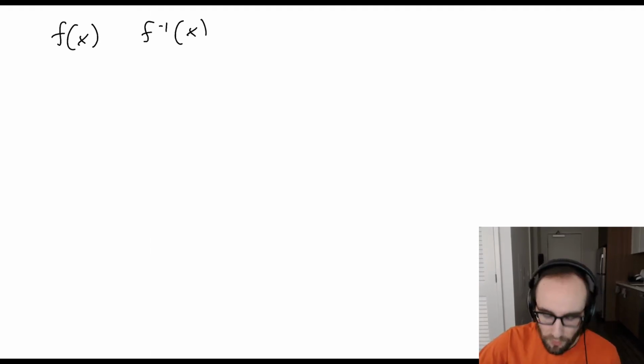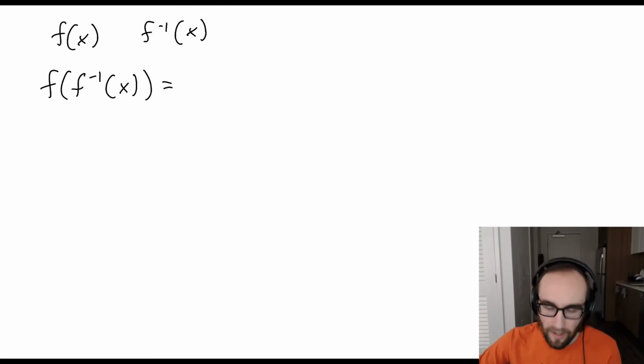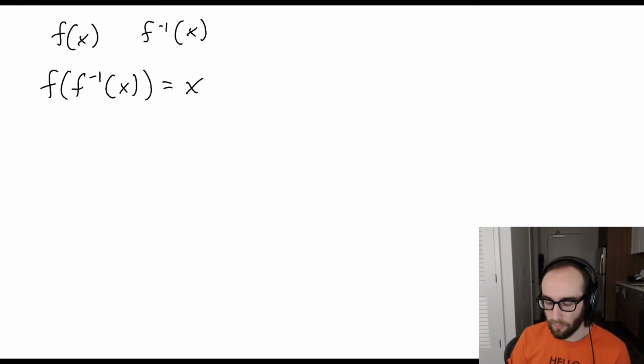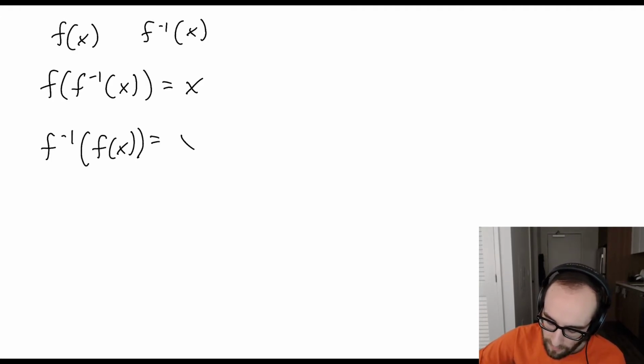All right, one more note is when we talk about inverse functions, f of x and f inverse of x, just a reminder that when we plug an inverse function into its original function, for example, f of f inverse of x, they undo each other and we end up with x. And the same is true if we plug the original function into the inverse: f inverse of f of x equals x.